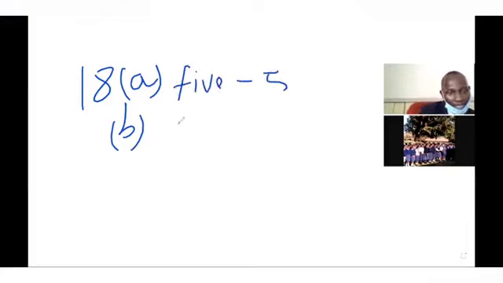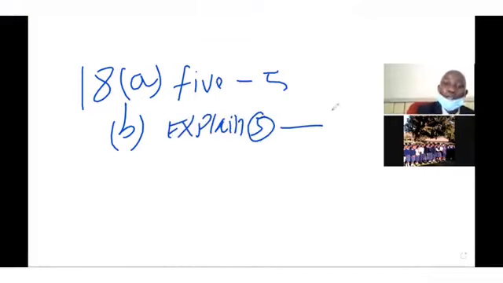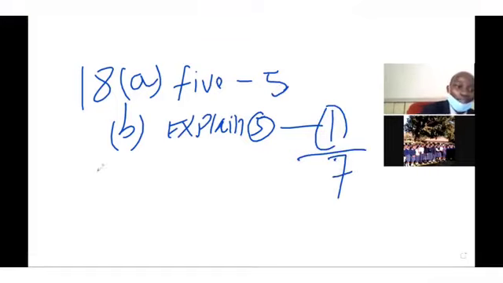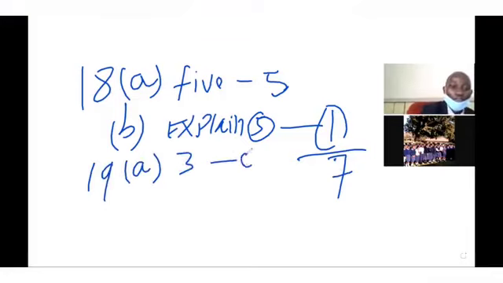But B, you find this explain 5 points, and then you know only 1 point. This means you can only score 7 marks. And another question, maybe number 19, A is 3, you do not know A, you can score 0.